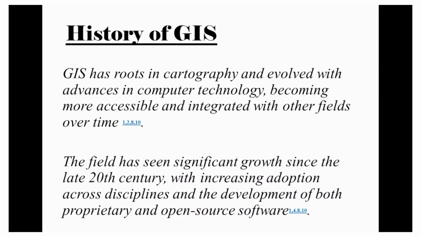Over the past 50 years, GIS has evolved from simple mapping tools to complex systems that can model future scenarios and integrate with technologies like cloud computing and artificial intelligence. Today, GIS is used in a wide range of fields and is more accessible than ever.